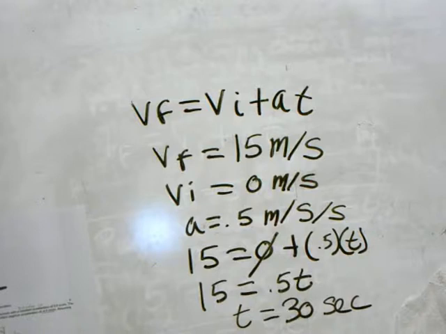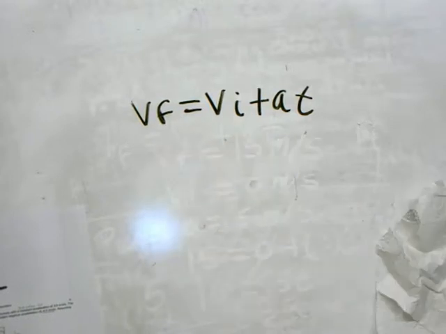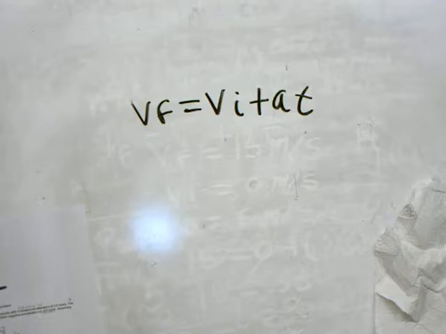The driver then applies the brakes, causing a constant negative acceleration of negative 4 meters per second squared, assuming the brakes are applied for 2.0 seconds. So in this problem, what would we do? Well, as we know, the traveler is going from rest for 10 seconds at a constant acceleration of 3 meters per second squared.